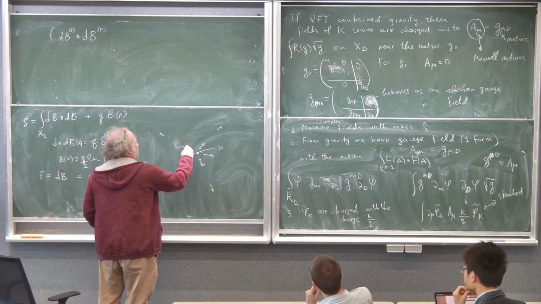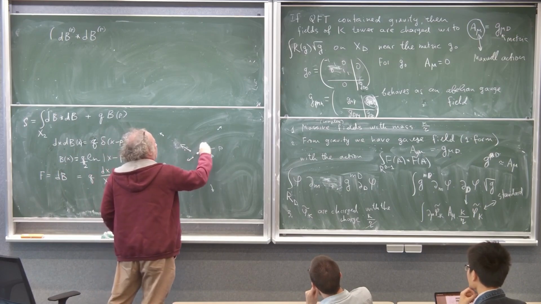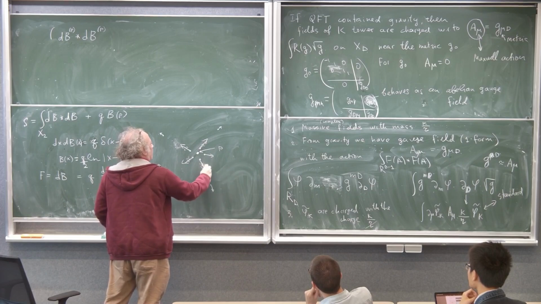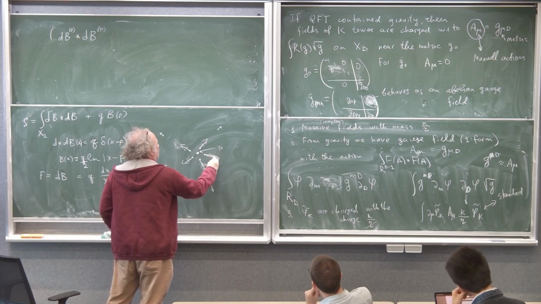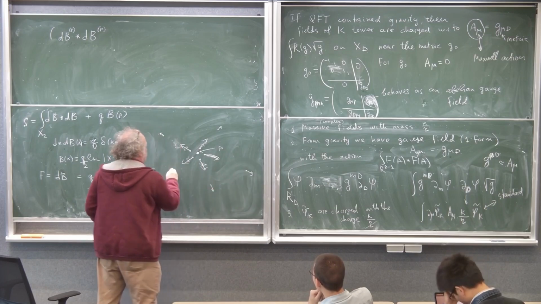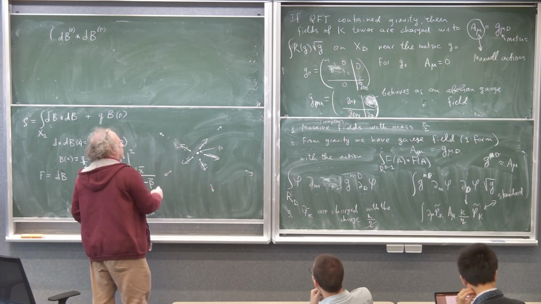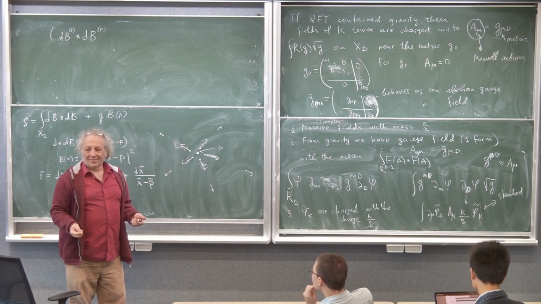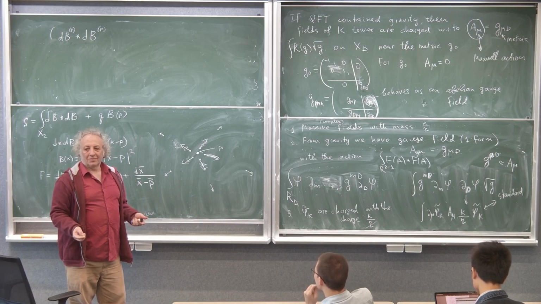So I would like to draw here big arrows, and here I have small arrows. But the flux of this field is the same, and it equals Q. Okay?